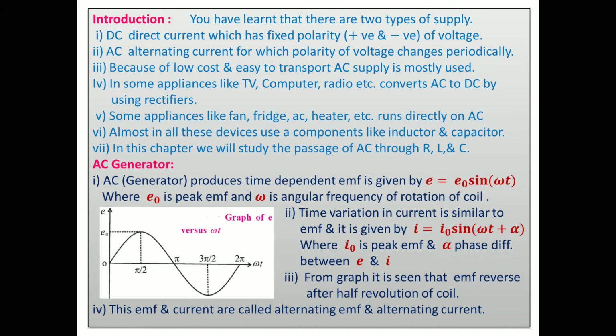Then what do we have to do? We have AC, and as well to charge your mobile, you require DC. Then what we have to do? You have a converter. In that converter there are rectifier circuits which convert AC voltage into DC voltage.